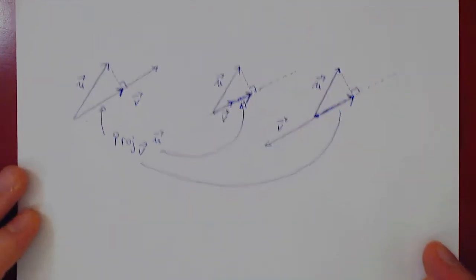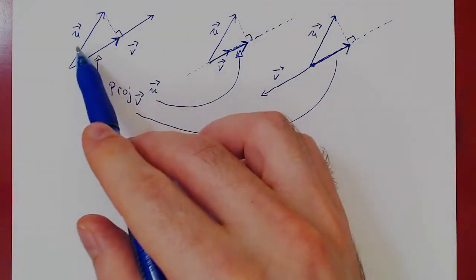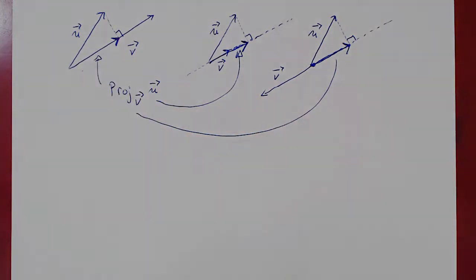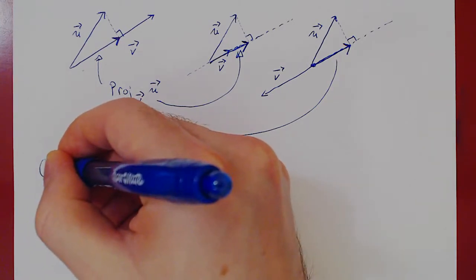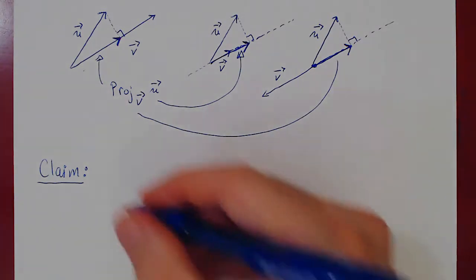Let's prove this. And how do we state this? We're saying if you project vector u onto any vector parallel to v, you should get the same result. So let's write this down, and then let's prove it.